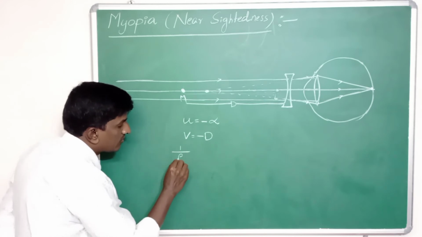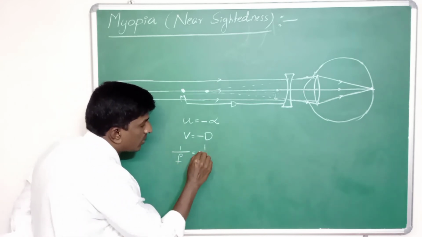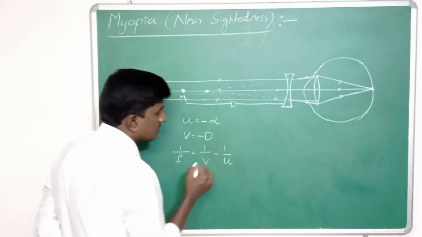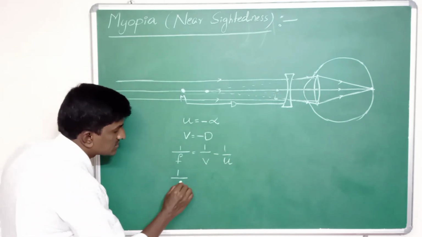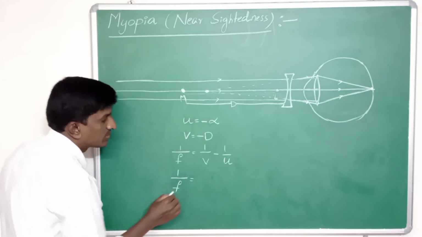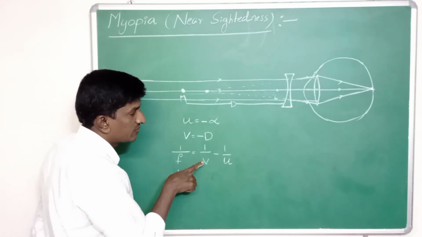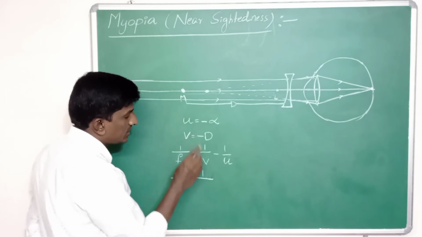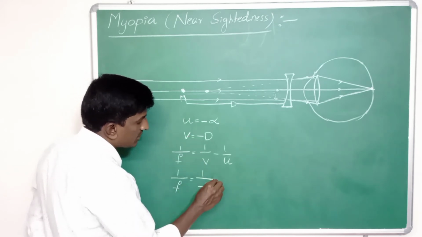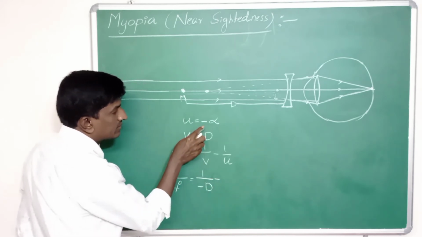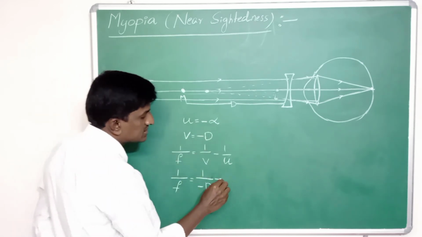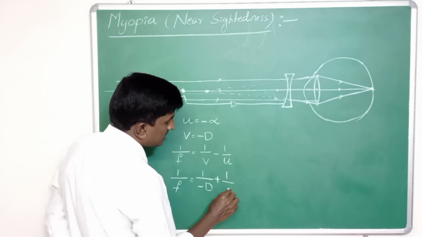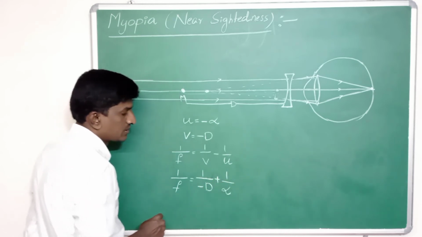Then from the lens formula, 1/v minus 1/u, substituting the values, the focal length of the concave lens: 1/f equals, applying the sign convention, 1/v is minus D, minus of the object distance, minus of minus infinity, plus 1/infinity.